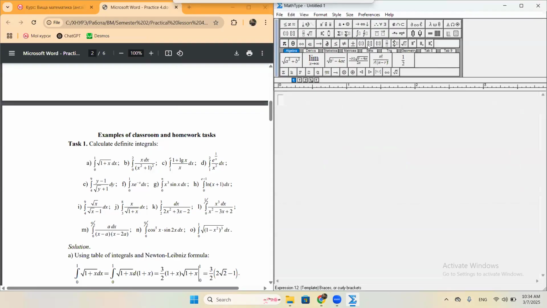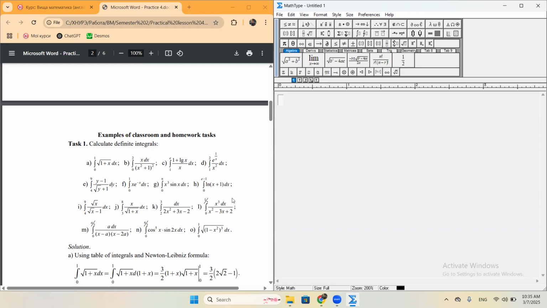The next exercise, I suggest you skip, because we would have to spend a lot of time extracting the integer part, but you remember how to do it.